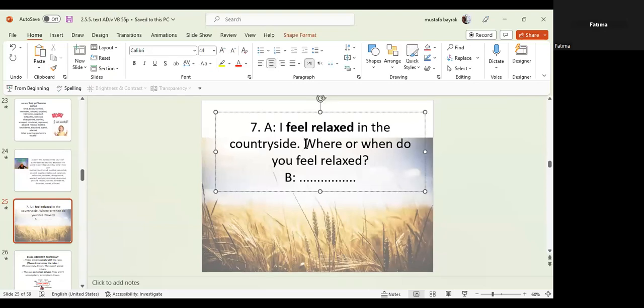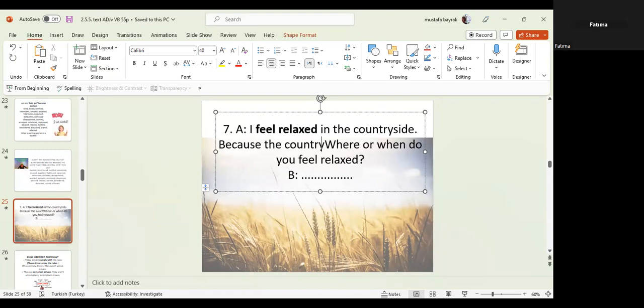Why? Because the countryside is always exciting. Yes, this is the reason. Because the countryside is active, okay? Active.